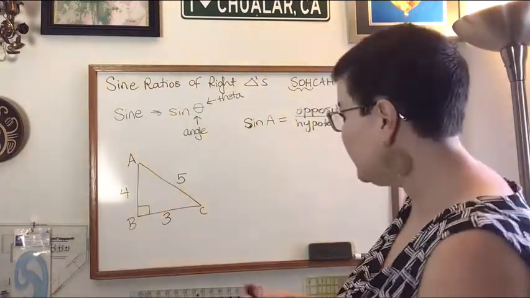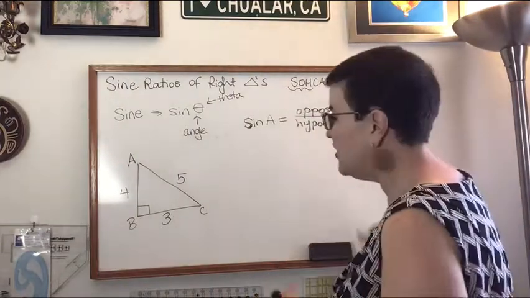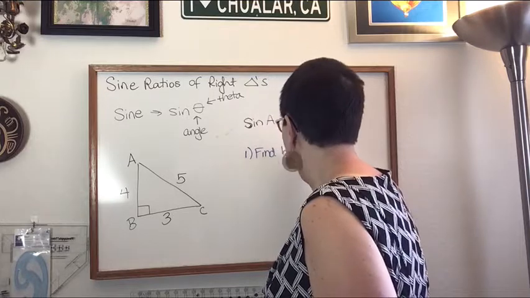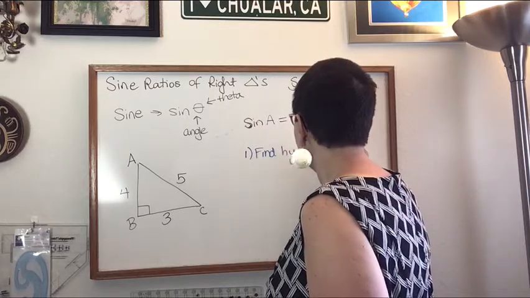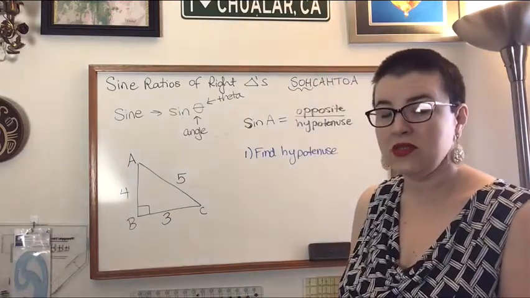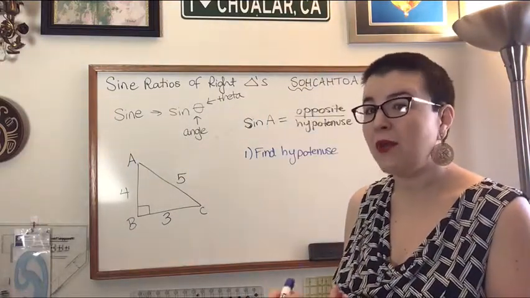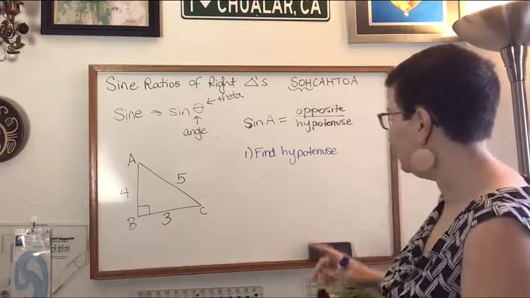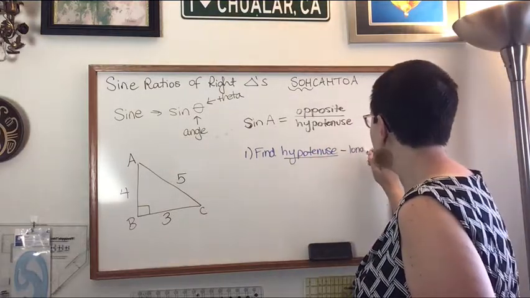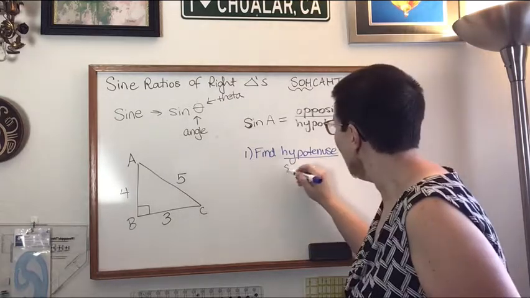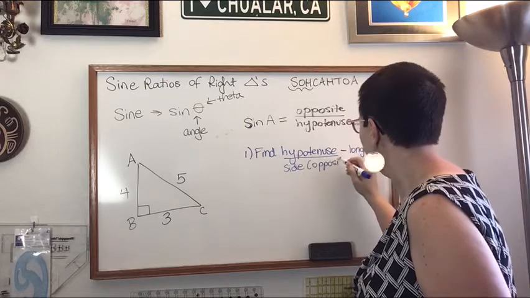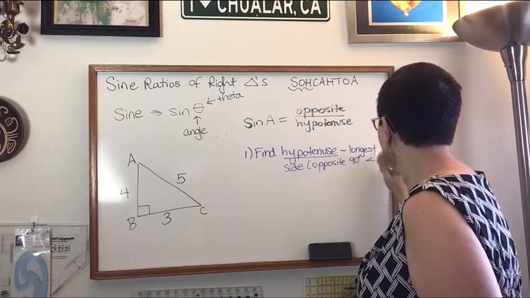What I always like to do first is identify the hypotenuse. The reason for this is because the opposite side changes based on what angle you're looking at. So the first thing you want to label is the hypotenuse because the hypotenuse never changes. The hypotenuse is always the longest side, or if you can't tell it's the longest, it's always opposite the 90-degree angle.